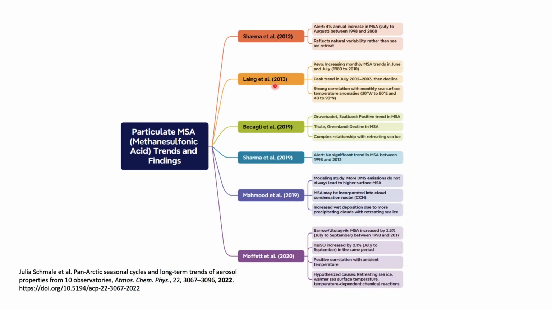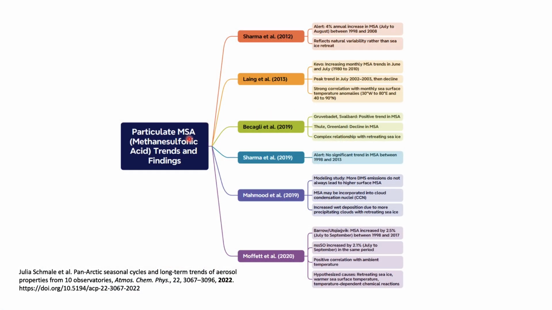So that is where one of the studies shows that there is no relationship between sea ice retreat and the climate change. In 2013, Lane reported a strong correlation with monthly sea surface temperature anomalies, that is 30 degree west to 80 degree east and 40 to 90 degree north. He had shown that there is a strong correlation. Bakagi mentioned that there is a complex relationship with retreating sea ice.